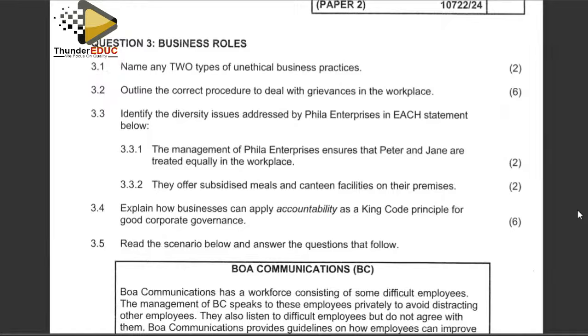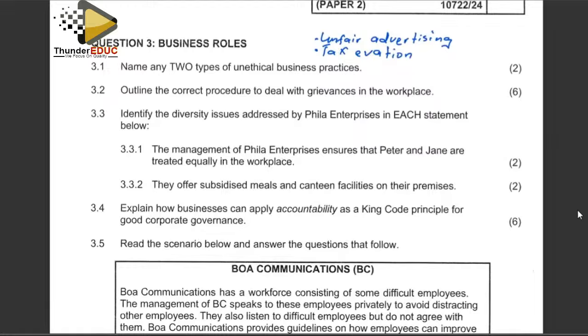The two types that we can put on the table for discussion are unfair advertising and tax evasion. Okay, right, great talks.